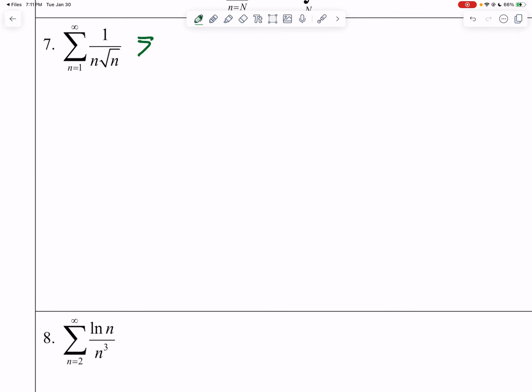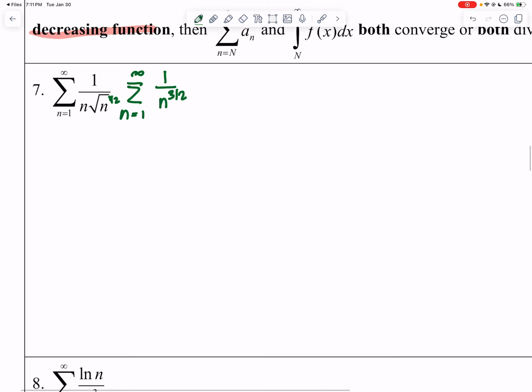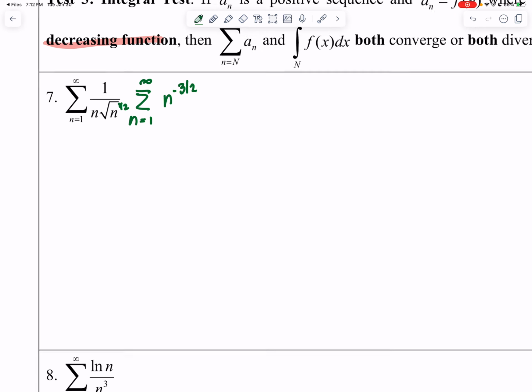For number 7, I am going to rewrite this so that it looks like 1 over, let's see, that's 1/2, 1, so 3/2. And I'm going to rewrite that so that it is n to the negative 3/2. All right.